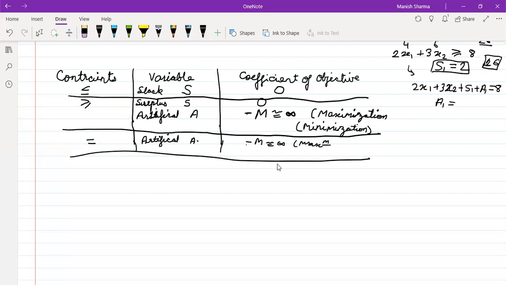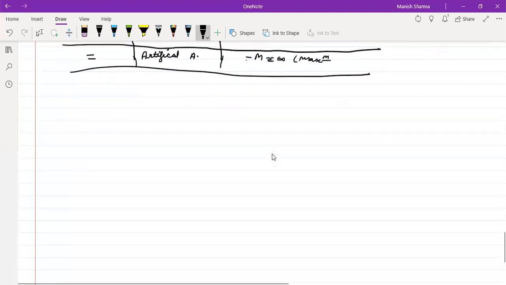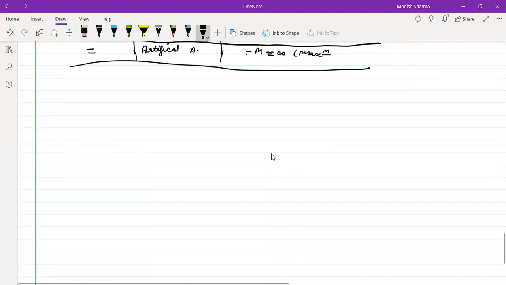We'll discuss minimization later. So for the artificial variable, we will include only minus M. And if the constraint is an equal to constraint, then we will add only an artificial variable with a penalty of minus M. For more detail, let us take an example. So let us write one question. Question 1.